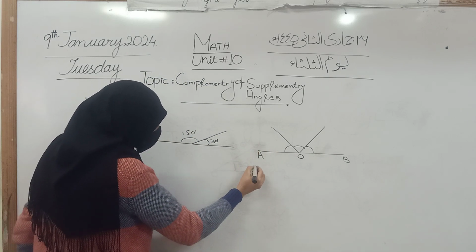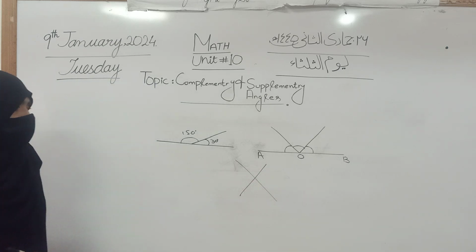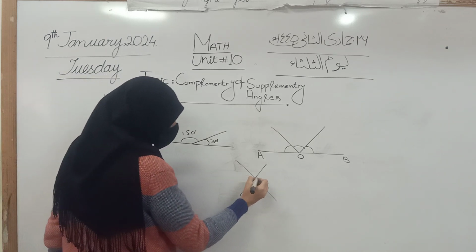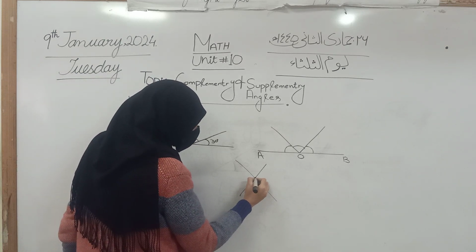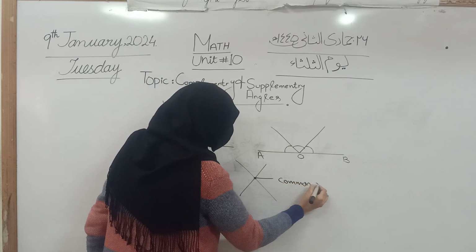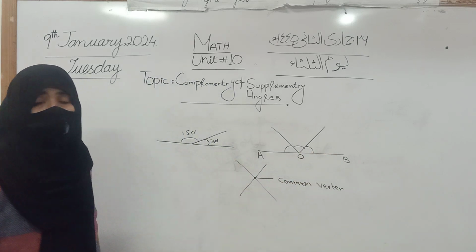Similarly, let's suppose there are two intersecting lines like this one. Then there is a common point. This is the common vertex. Can anyone tell me how many angles are forming there?